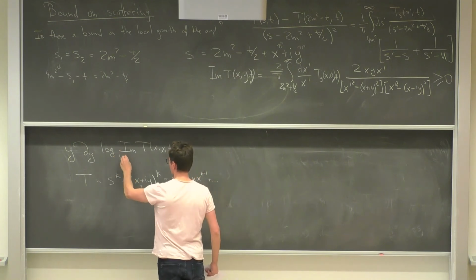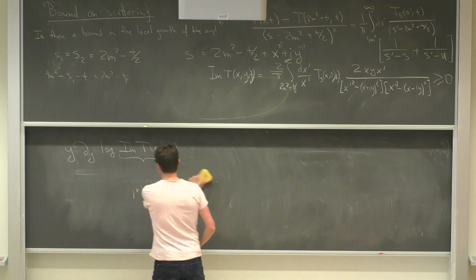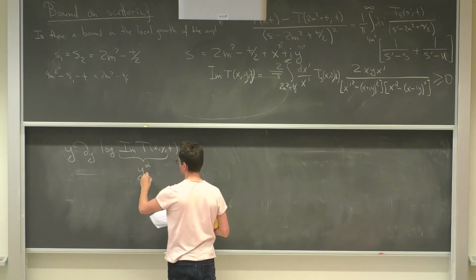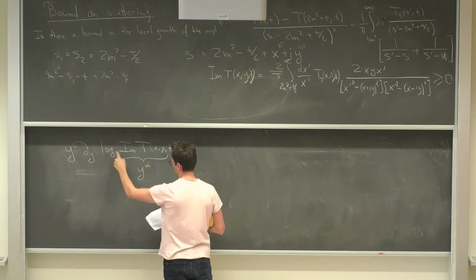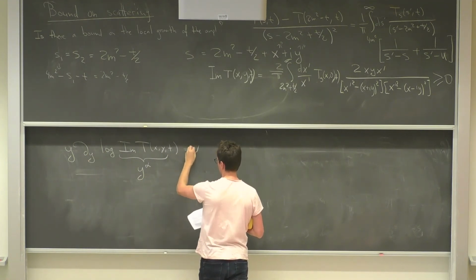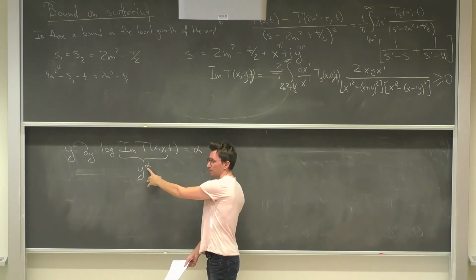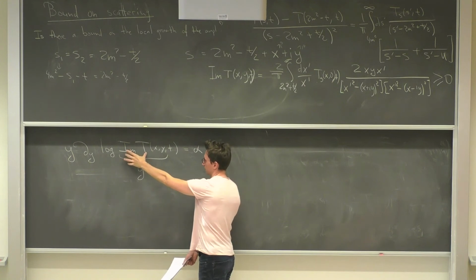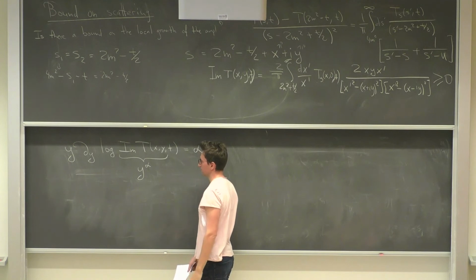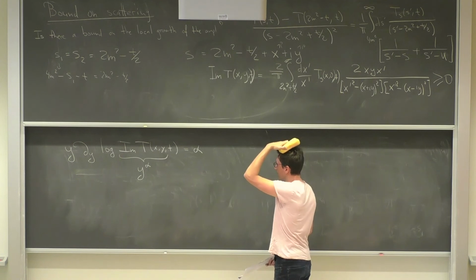Effectively, if this object behaves as y to some alpha, then log of y to the alpha dy dy will give us alpha. So this object measures the power of the behavior if locally it behaves like y to the alpha. Is that clear? Okay.